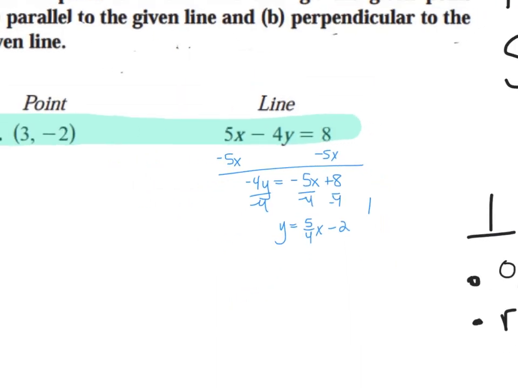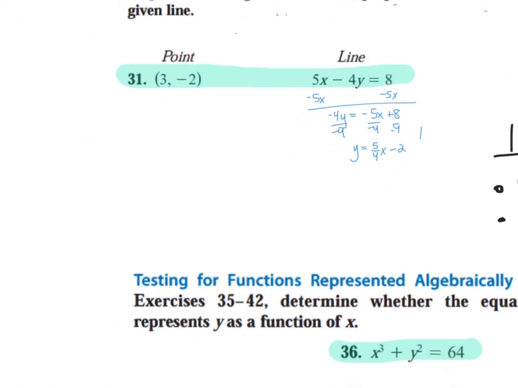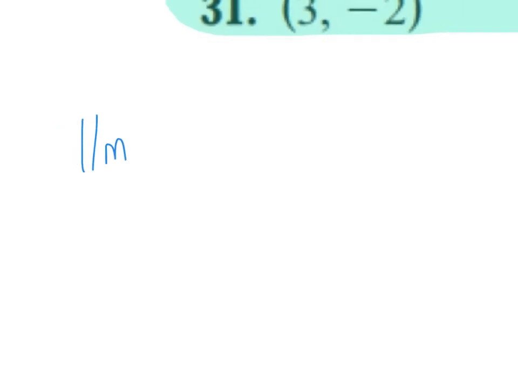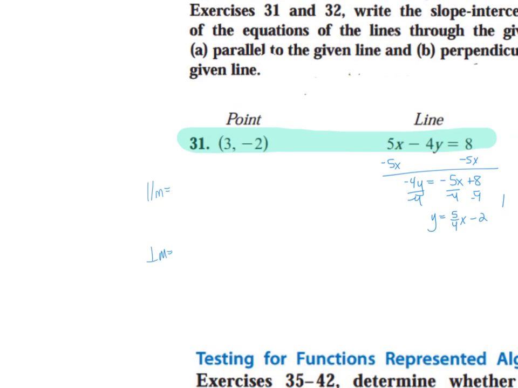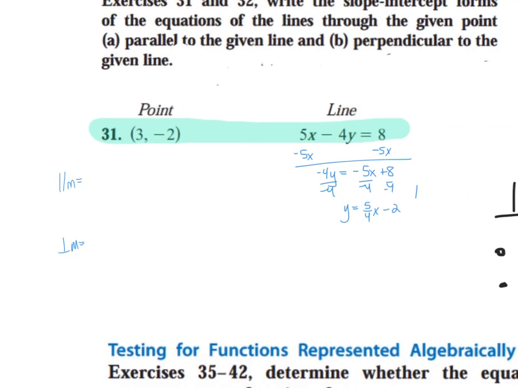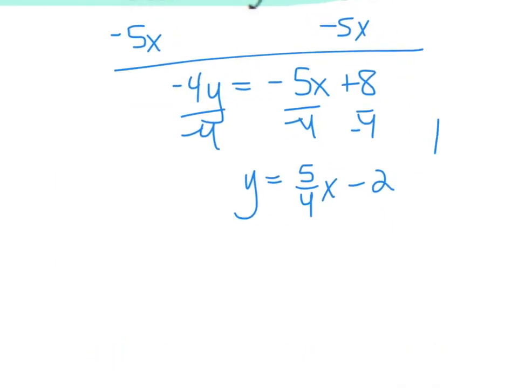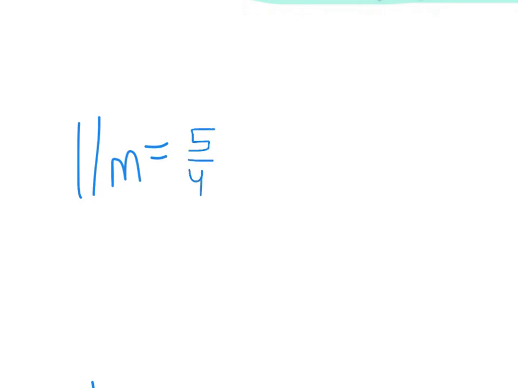Okay, guys, so we're going to write two lines now. One is going to be parallel, one is going to be perpendicular. So over here, I'm going to say parallel slope, and then perpendicular slope. If I have a line that is parallel to this one, what is the slope going to be? It will be the same. So the slope I would use is 5 over 4.